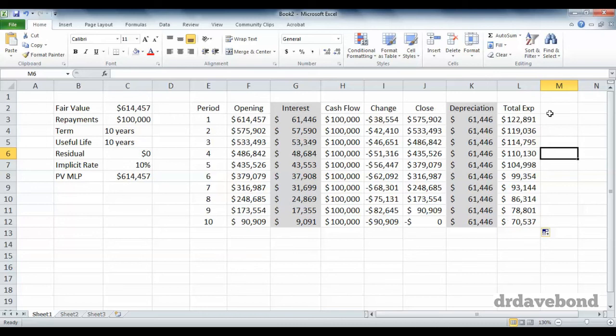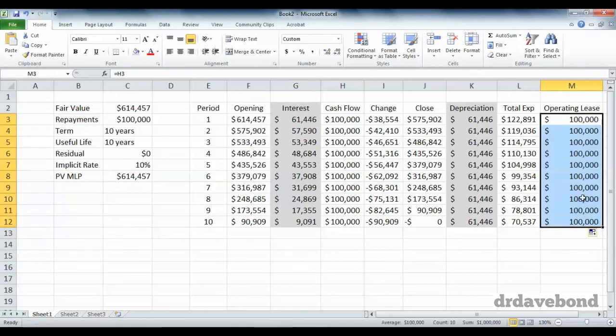$70,000. For an operating lease, it is simply the cash flow, because we would be debiting operating lease expense, crediting cash in each case. So it's $100,000.